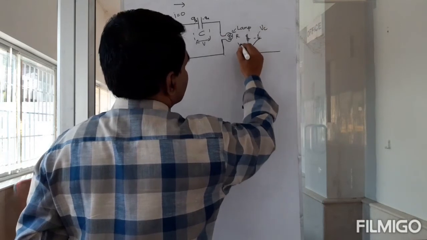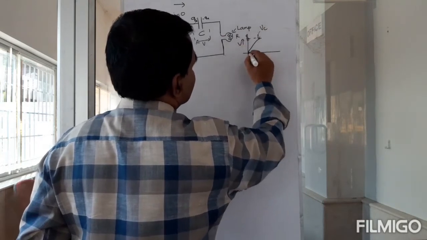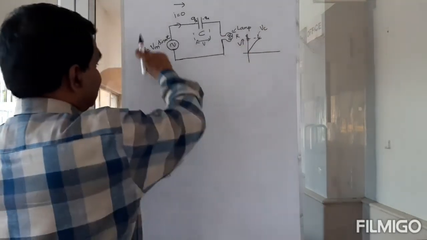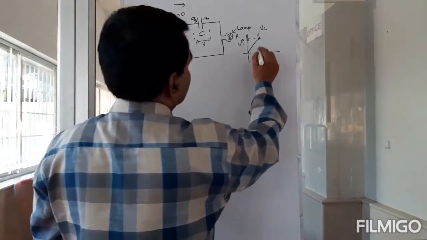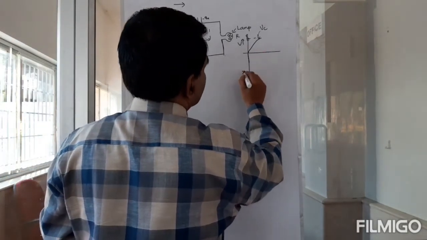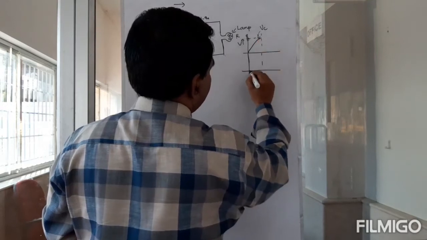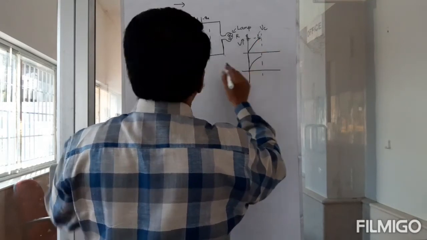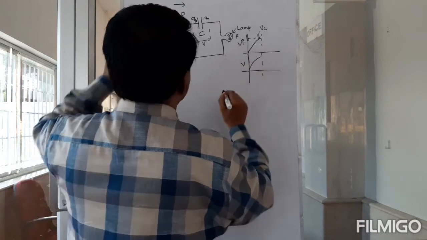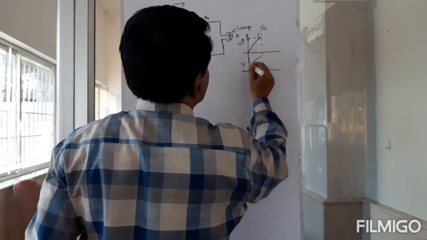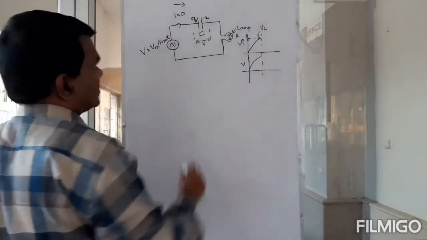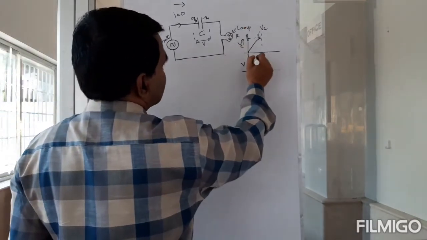Capacitor voltage is V. Okay, I'll draw one more. This is the source V. That's the capacitor voltage VC, and this is just V.